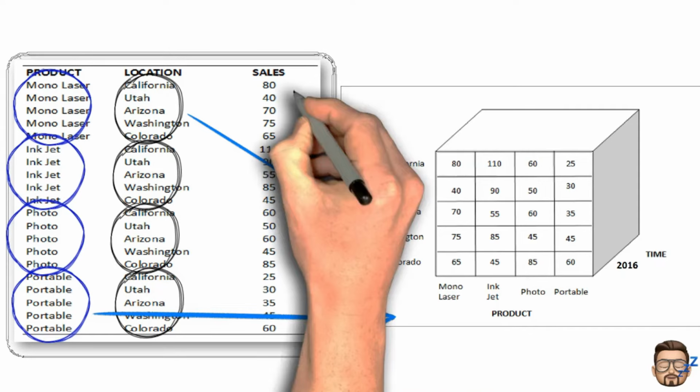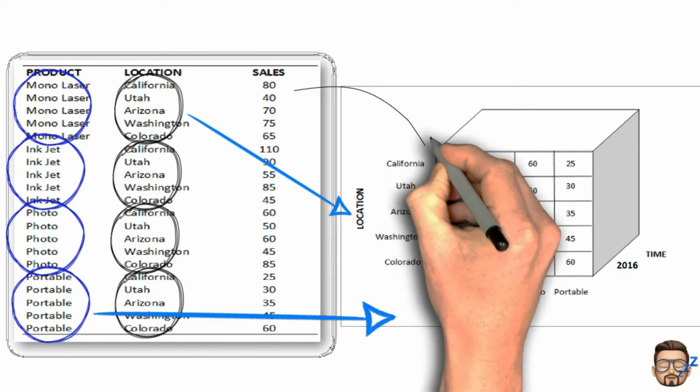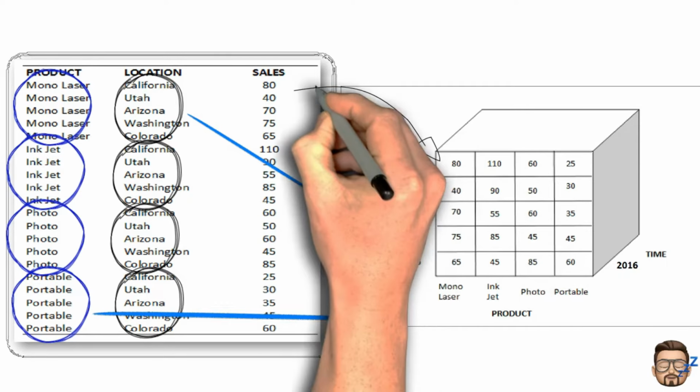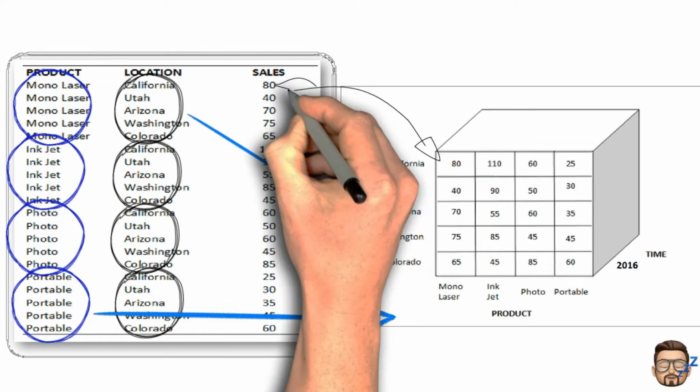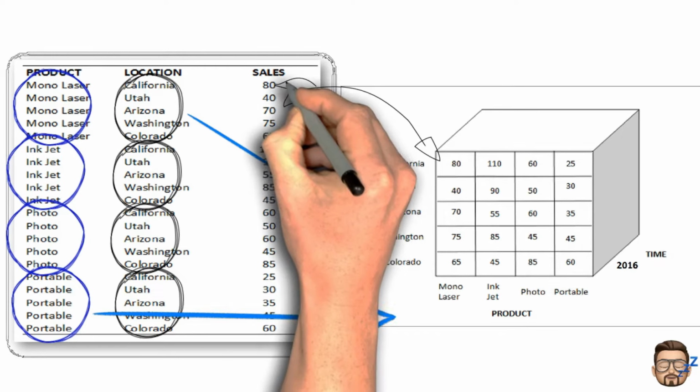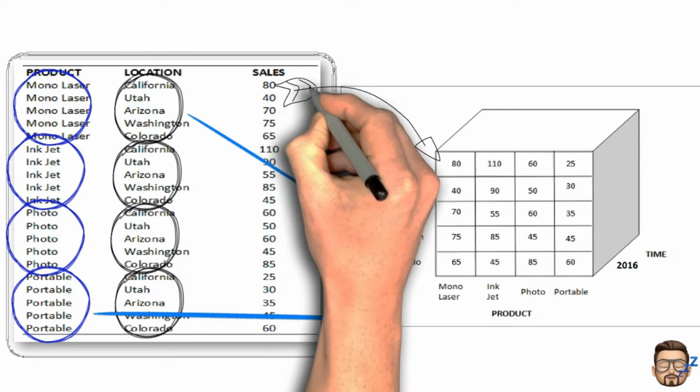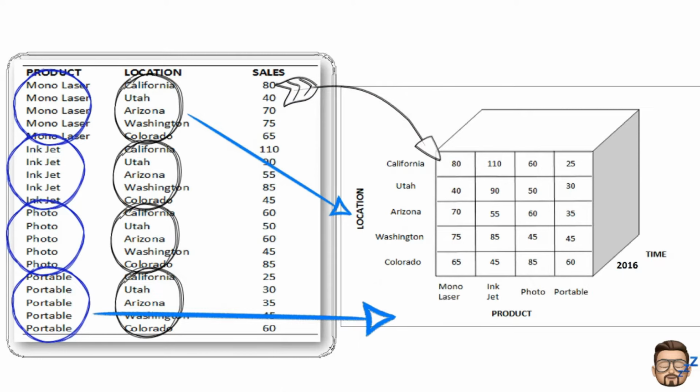After the members of the dimensions are determined, it is time for you to find the intersection of X and Y members to store the quantitative data of sales in each cell. For example, the sales of monolaser in California is 80. So the intersection of California and monolaser should be 80.